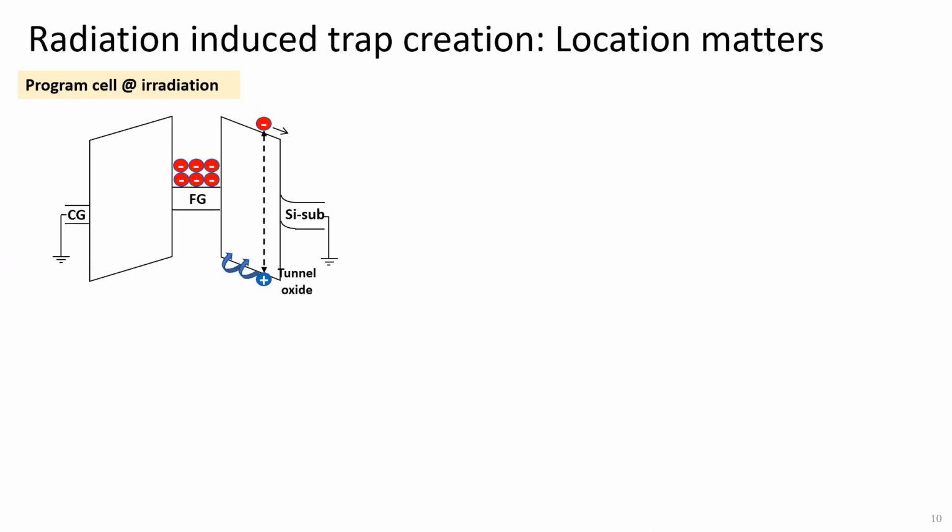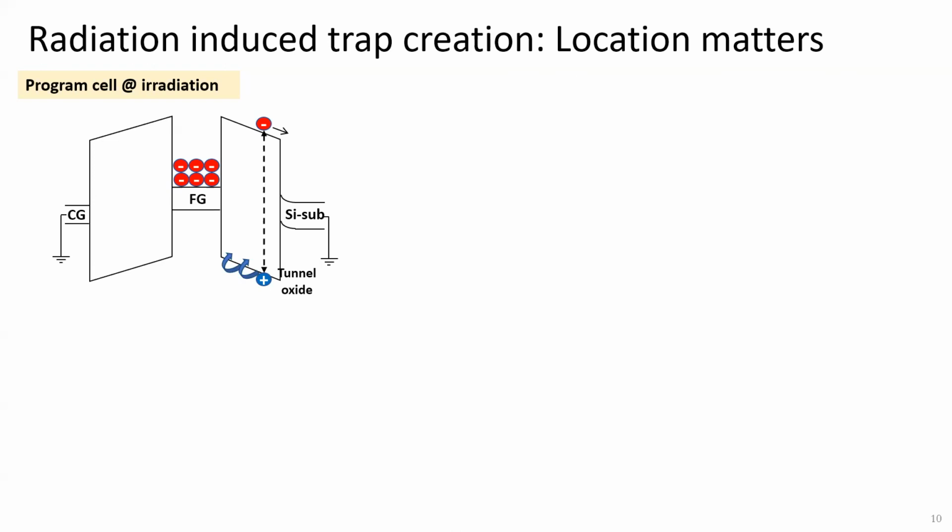Okay, so now let's talk about the electrostatic shielding idea. What is it? Ionizing radiation not only deposits charge in the oxide, but also creates defects, and the defect locations are very important. If you look at the oxide layer and how the holes are moving, the holes move towards the floating gate, because the floating gate has a lot of electrons.